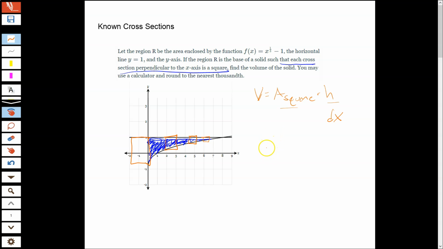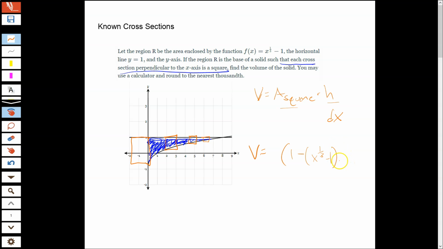Okay, well, area of a square is just side squared, right? Well, that distance would be the distance between y equals 1, so this upper line, minus my curvy wall, 1/3 minus 1.